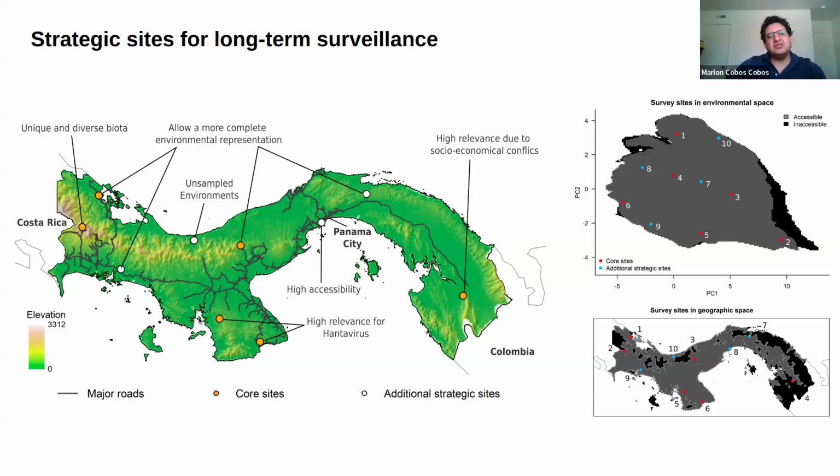And so once you see this panorama, you can have Panama sampled in a very strategic way with 10 sites that are a lot easier to sample than the hundreds of points that have been sampled before, but now in a more coordinated and elaborated way.